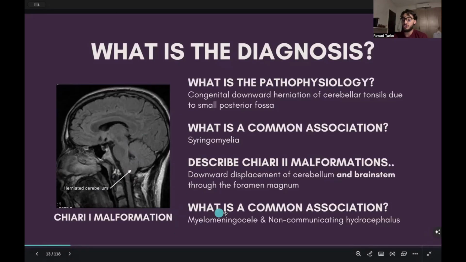The first one is a myelomeningocele or a neural tube defect and a non-communicating hydrocephalus. And again, that's because the fourth ventricle is going to be compressed. So you're going to have a non-communicating hydrocephalus in infanthood or early childhood.